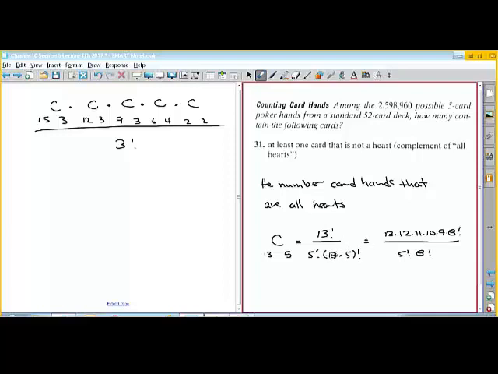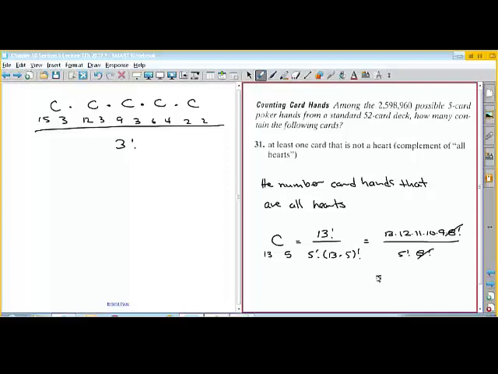I've done the calculation in the parentheses: 13 minus 5 is 8. So I go all the way down to 8 factorial, cancel those out, and then I get my calculator out and do the multiplication. And I remember to divide by 5 factorial, so I've got to divide by 5 times 4 times 3 times 2 times 1.